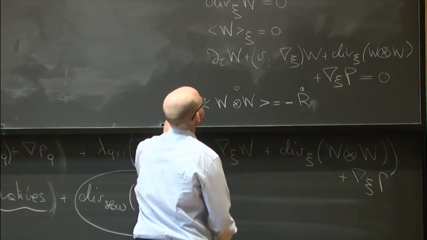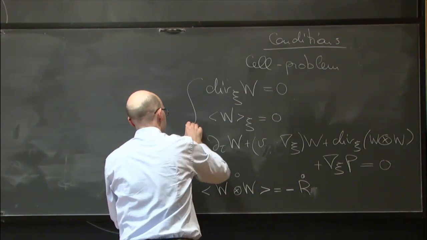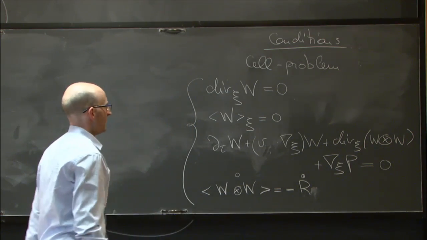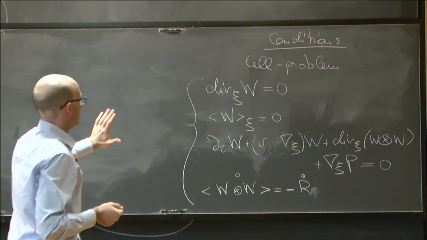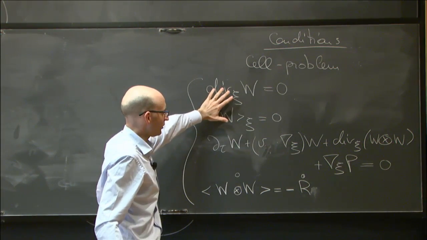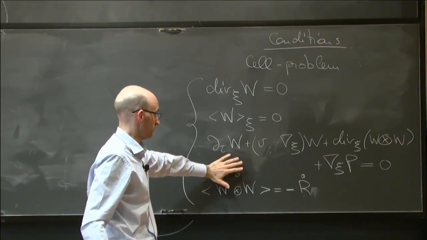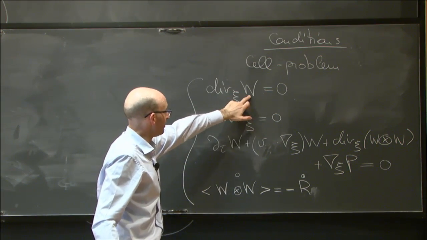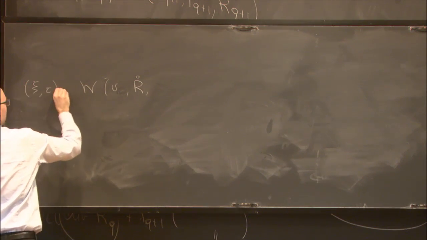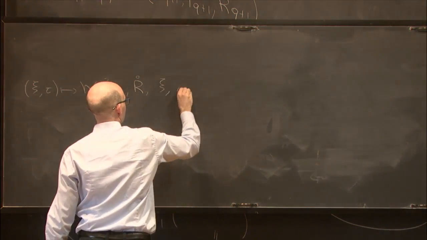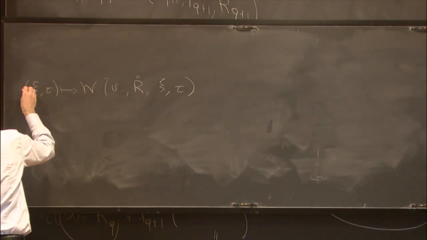Okay, so now what the game seems to be is something like this: if you satisfy these conditions, so you have a function W which depends on V, or actually it depends on V and R circle, and it's periodic in tau, for instance.